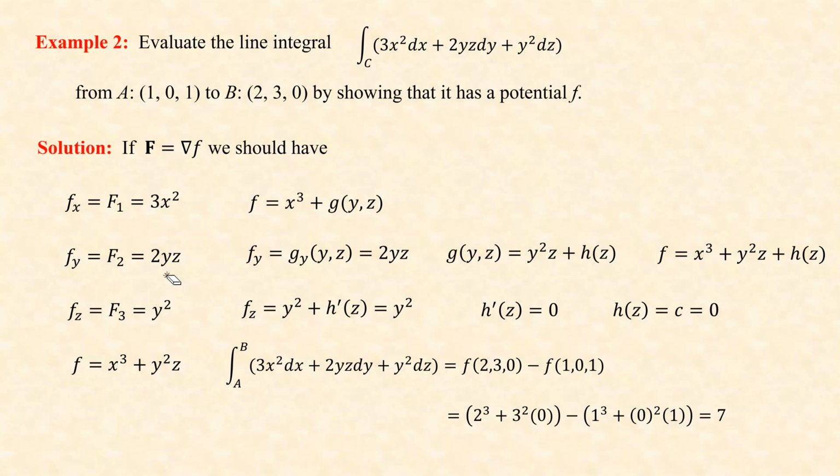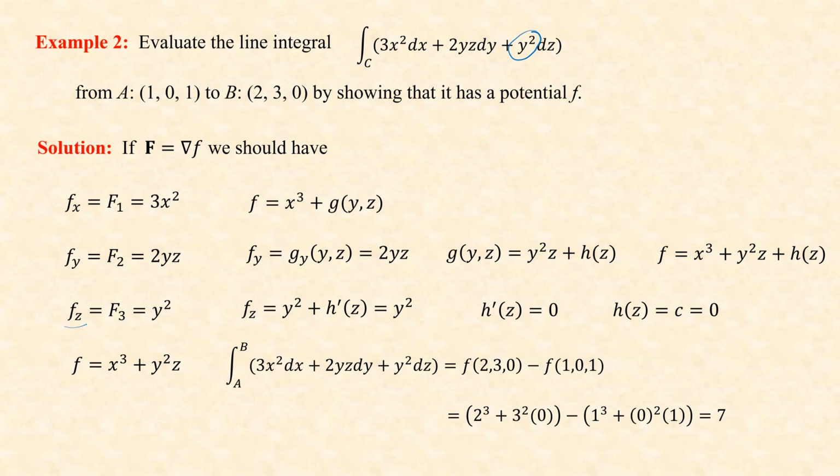Professor, for the z component, which would be the y squared, right? Yeah. You see, this is f3. We said that the derivative with respect to z should be equal to f3, which is y squared.